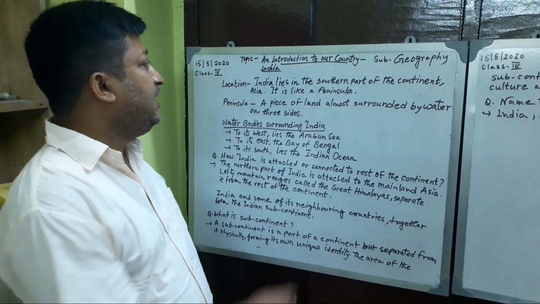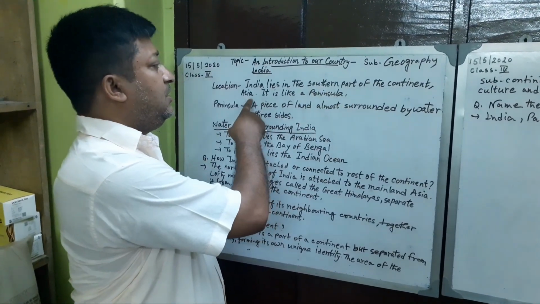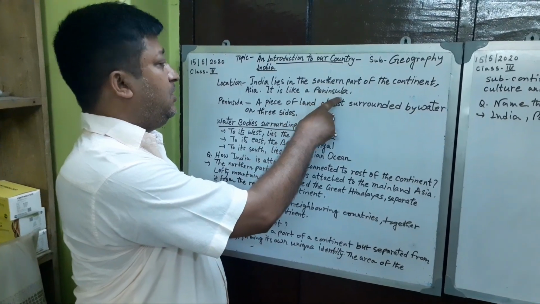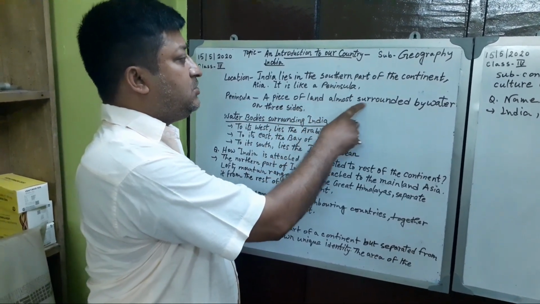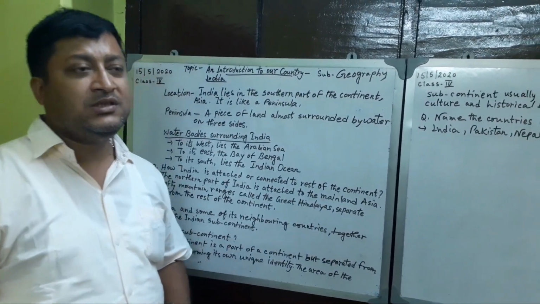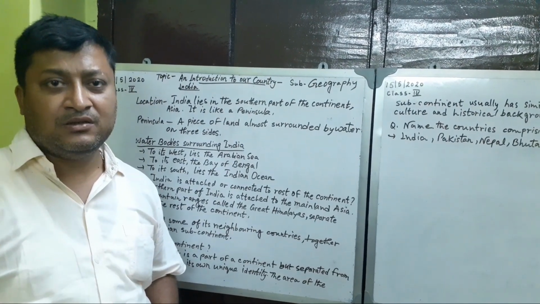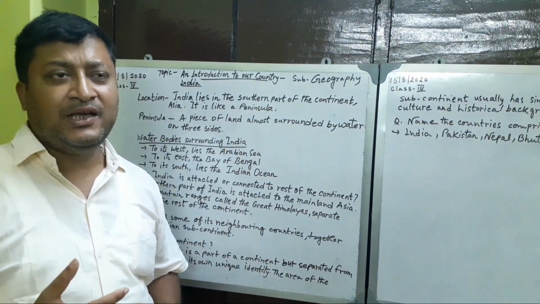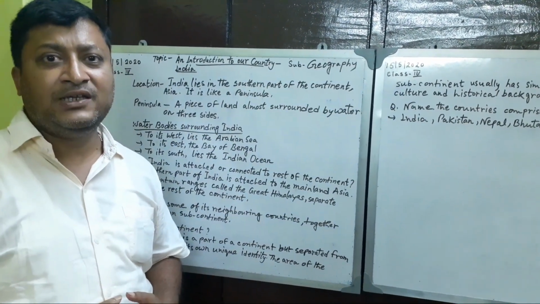Location. India lies in the southern part of the continent Asia. It is like a peninsula. Peninsula: a piece of land almost surrounded by water on three sides. Now you see that India has another name, Bharat. This name Bharat has been taken from the long Vedic age.